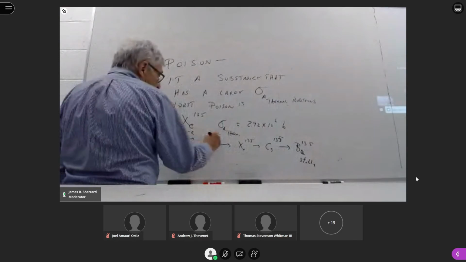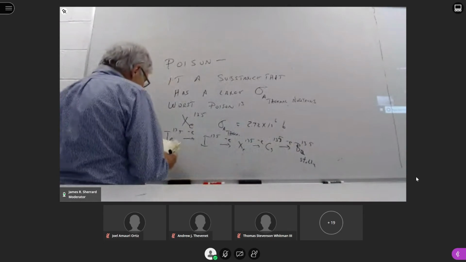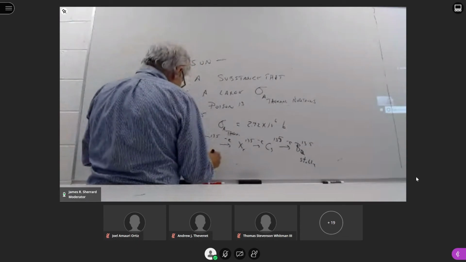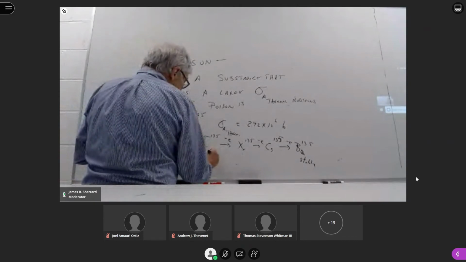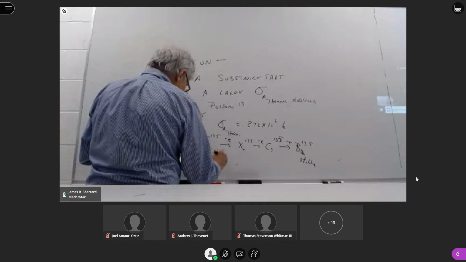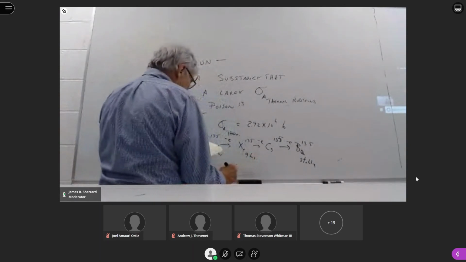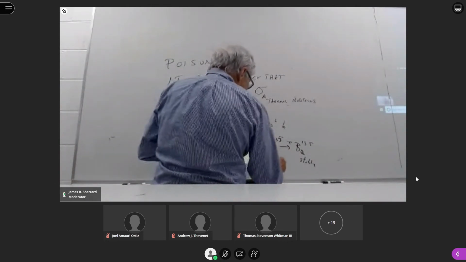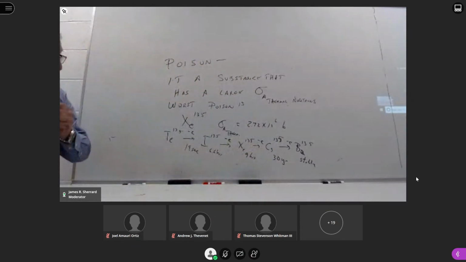All of these decay by an electron emission. This half-life is negligible. It's actually 19 seconds. This one is 6.6 hours. This one is 9 hours. And the final one is 30 years. Okay?